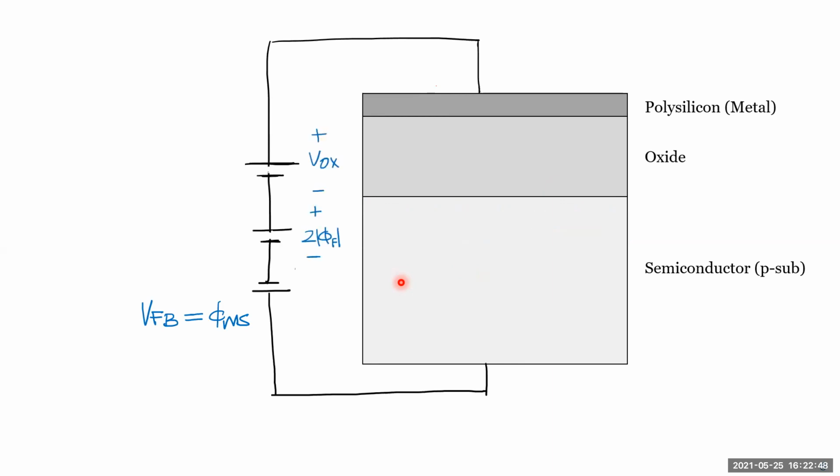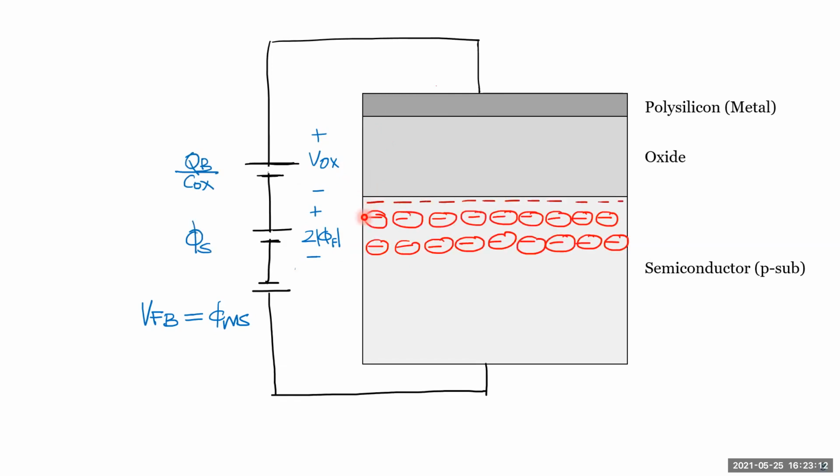And then you apply the potential such that this surface potential is 2φf with respect to depletion, and the oxide potential difference for you to apply that QB charge, which we have already discussed at length. So this is QB over Cox. Once you do that, you have the depletion first, and then you form a channel, right?